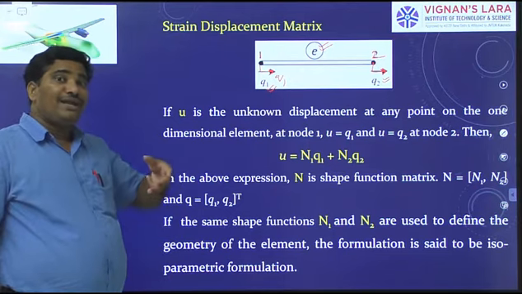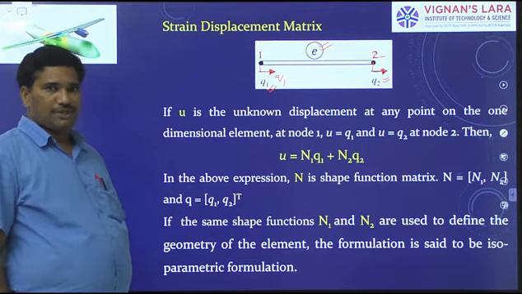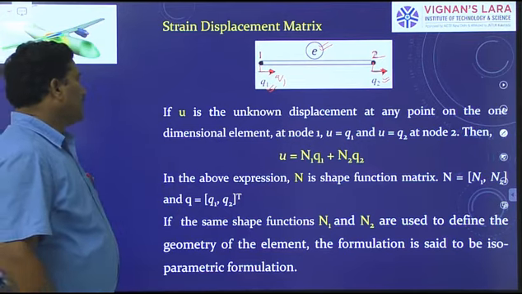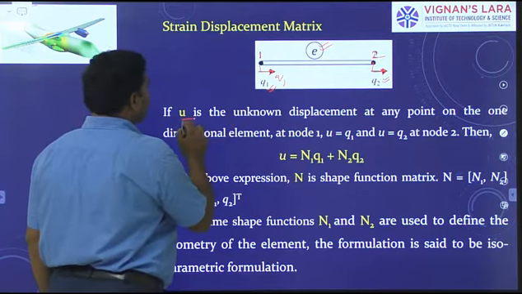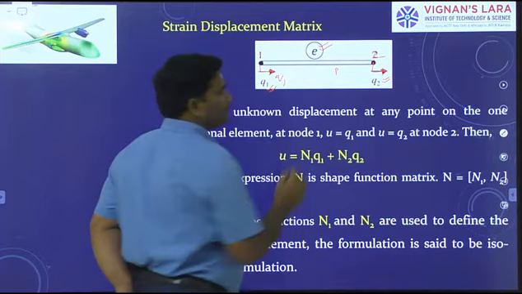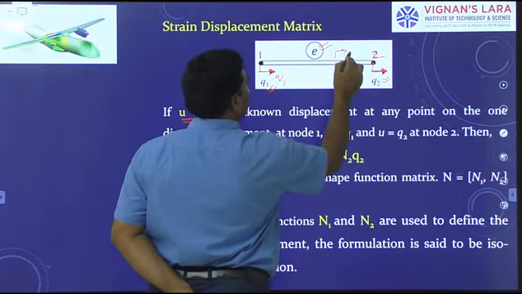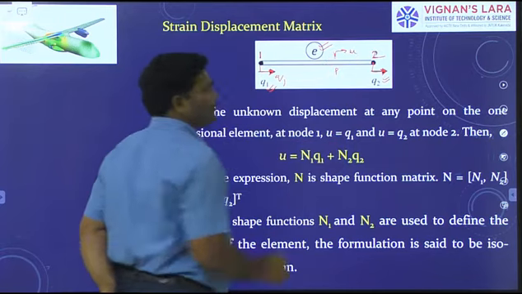They are the field variables at the nodes. Now, if u is the unknown displacement, I take a point P here. Its displacement is unknown.